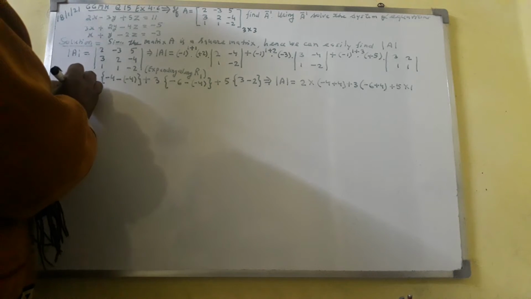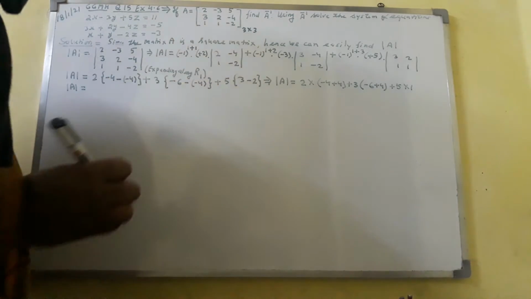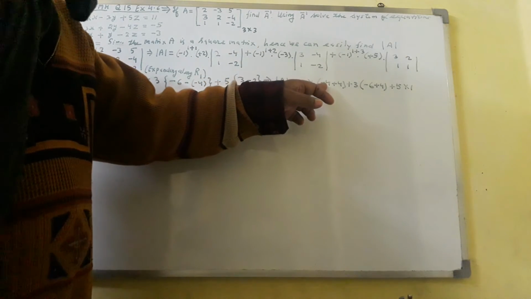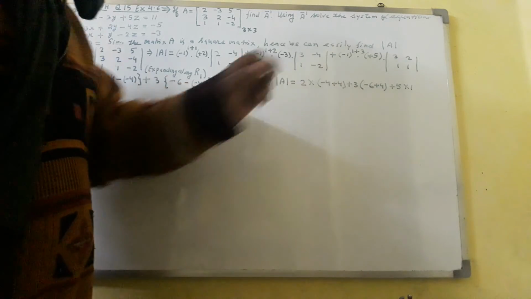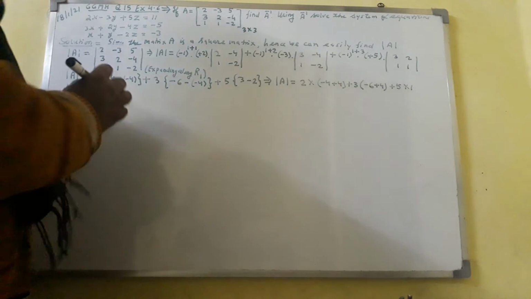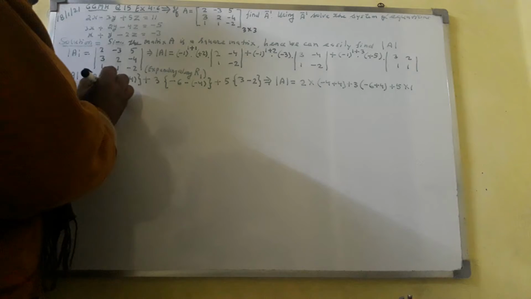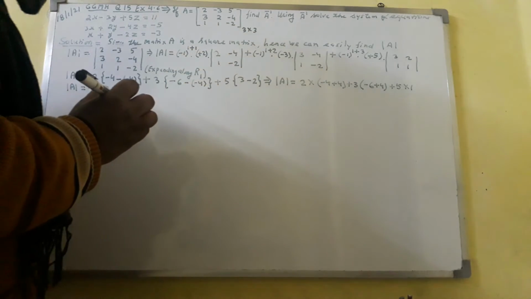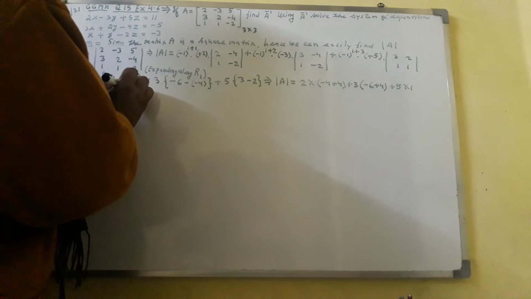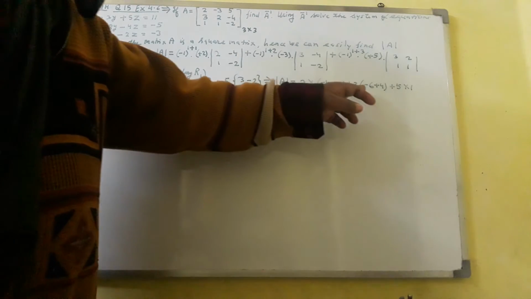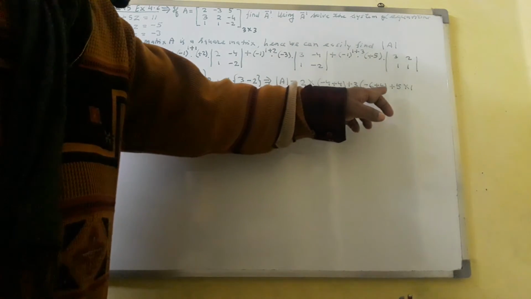Determinant of matrix A comes out to, here you can see minus 4 plus 4 comes out to 0. So 2 into 0 you will get 0, here you will get plus 3 into minus 6 plus 4 comes out minus 2.